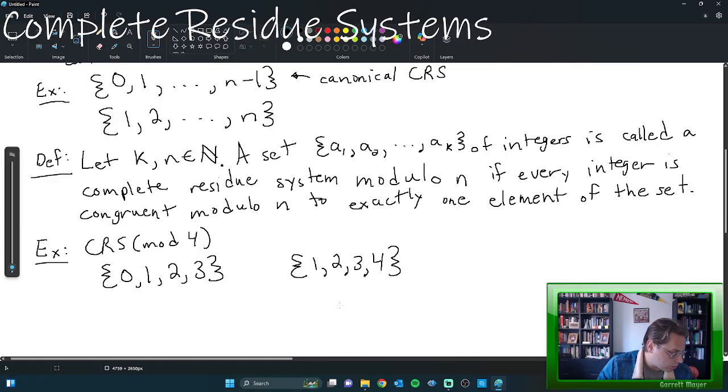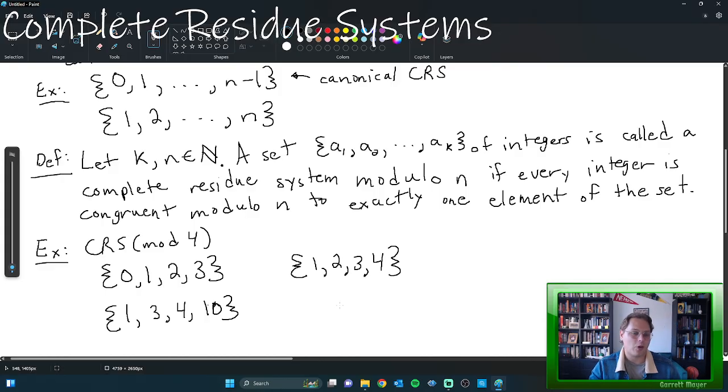Or if we wanted to come up with another one, we could even start having gaps between the numbers: 1, 3, 4, 10. And this works because 10 is congruent to 2 mod 4. So anything that was congruent to 2 mod 4 originally, we can just say is congruent to 10, just by the transitive property, theorem 1.11, which we're actually going to cite more in this particular video. But another one, if we wanted to go even higher, we could go 101, 102, 103, and 104.